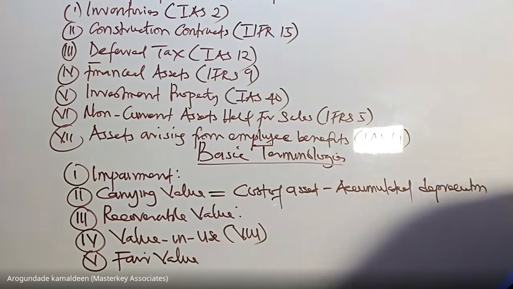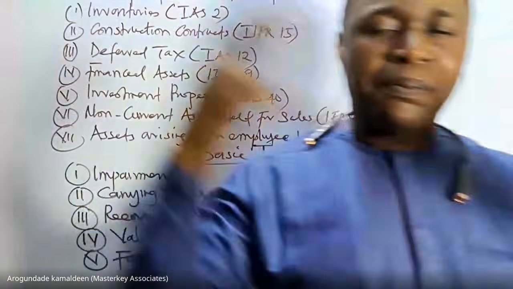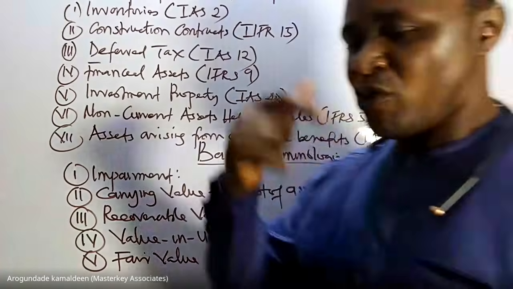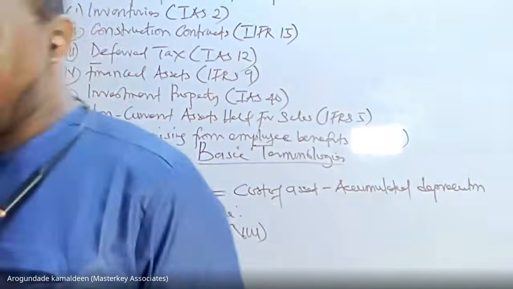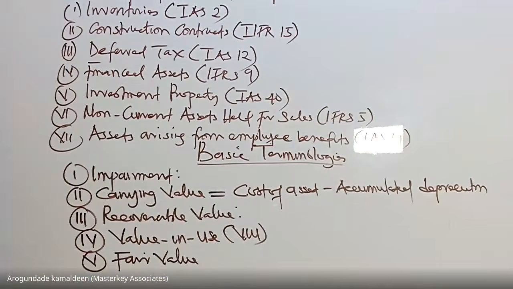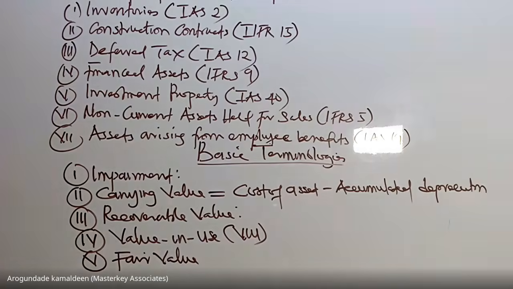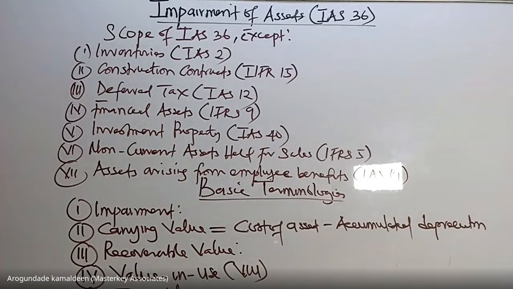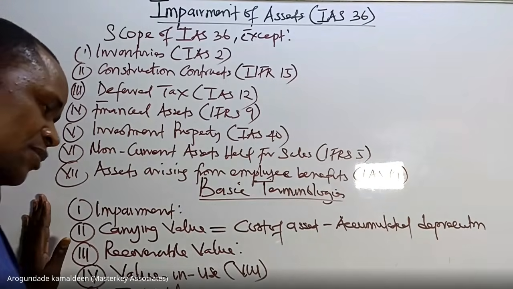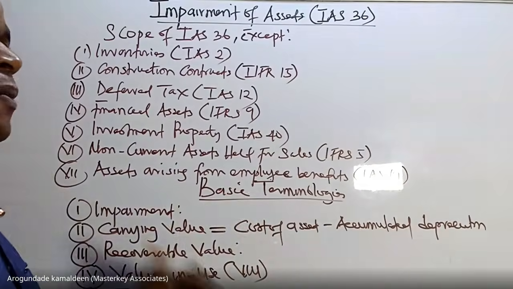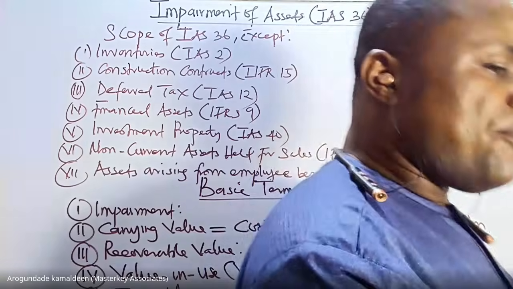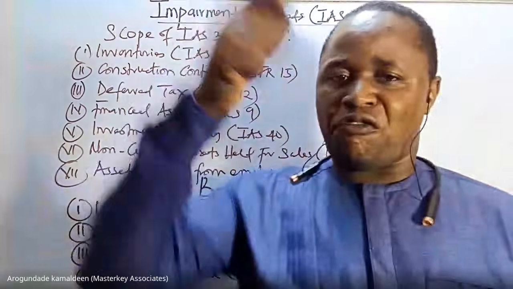Now, let us bring it down. Having understood these basic terms, remember that the objective of this standard is to ensure that no entity carries its assets in the record above the recoverable value. We are trying to ensure that we carry our assets at a realizable, or true, value.